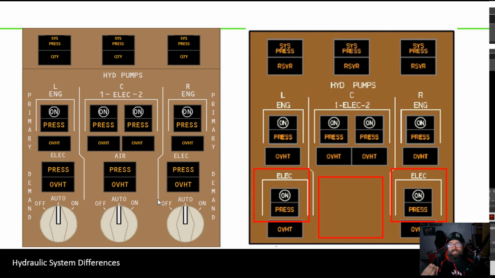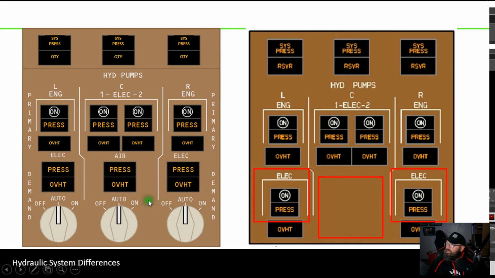So why is that a big deal, or why is that a difference? Because if we talk about the pressure lights across the primaries for the 7.6s and the top switches on the 7.5s, exactly the same. The pressure lights come on for low pressure. Overheat lights come on for overheat, meaning that the temperature of the fluid is too high coming out of the pump. And then we get to the bottom switches.